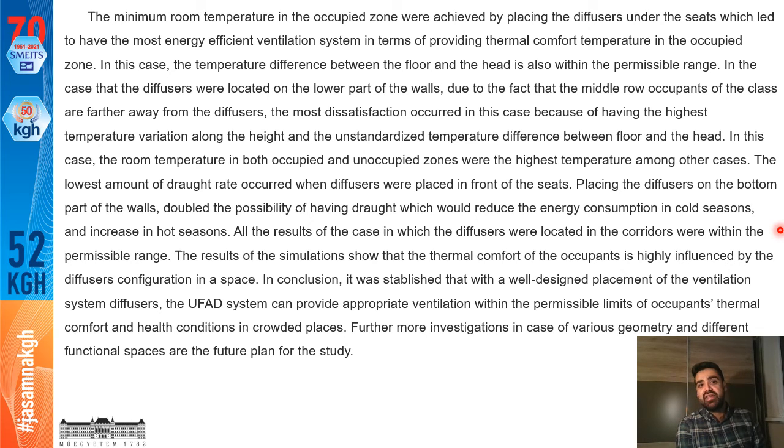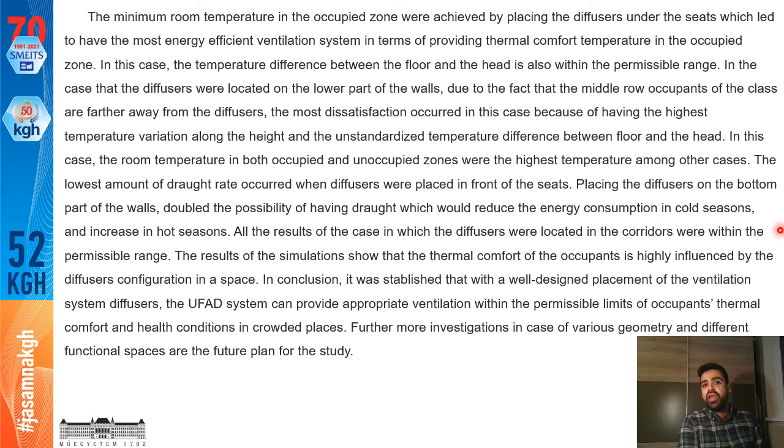In the case that the diffusers were located on the lower part of the walls, due to the fact that the middle row occupants of the class are further away from the diffuser, the most dissatisfaction occurred in this case because of having the highest temperature variation along the height and the nonstandard temperature difference between floor and head. In this case, the room temperature in both occupied and unoccupied zones was the highest among the other cases.